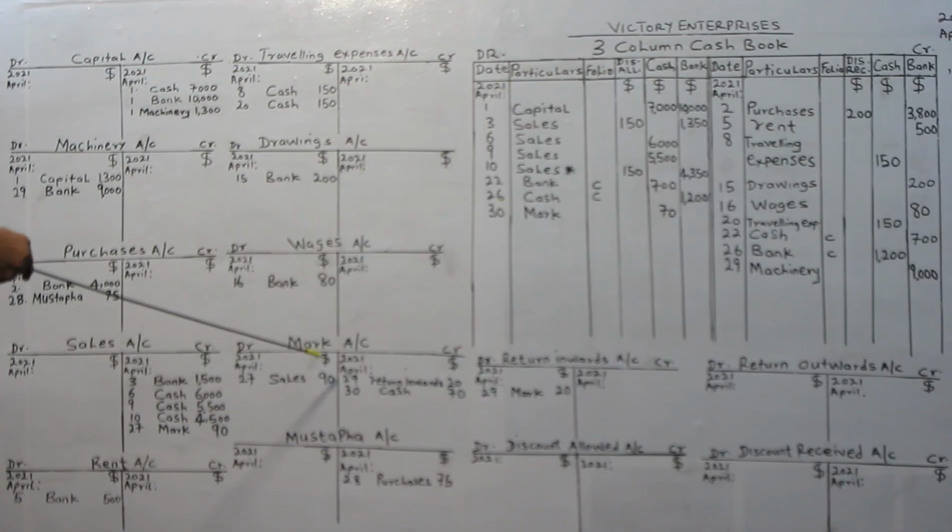2021. Of course, if you observe Mark's account, the goods that were sold to Mark on credit was $90.